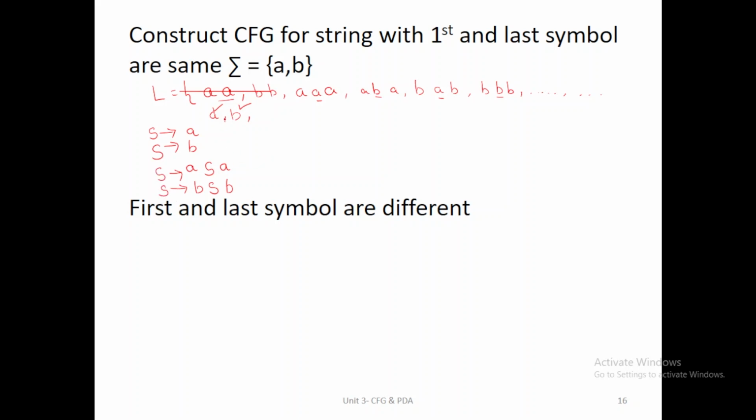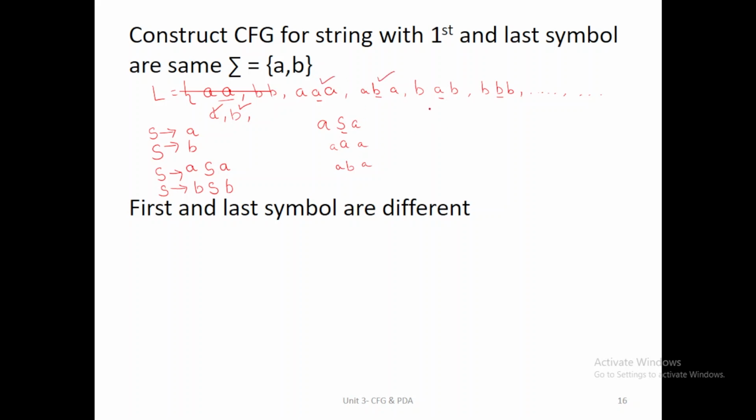If you use ASA, this S can be represented as A, otherwise it can be represented as B. So your string may be AAA or ABA. So we can derive it.